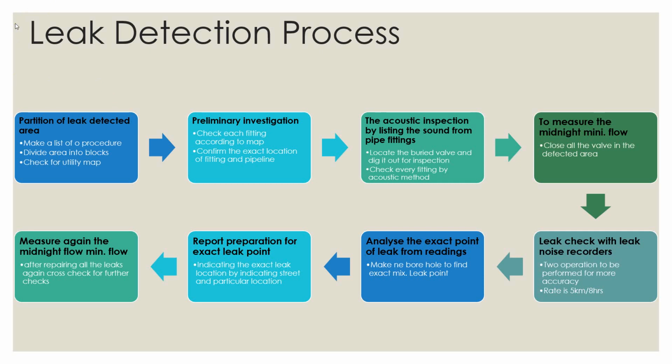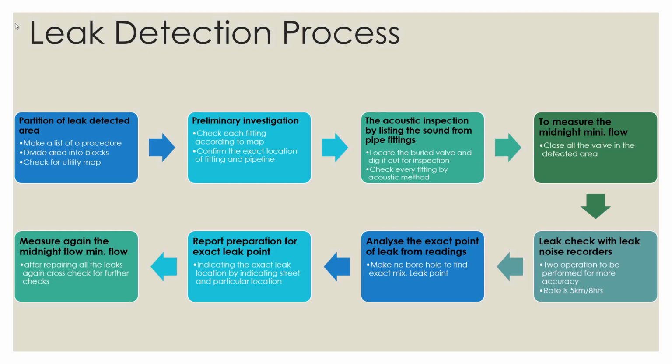It means there is a problem in the pipeline in that particular area. So you need to divide that area as a leak detected area. Partitions or zones of that area should be made. It will make it easy for the investigator or maintainer to identify the areas as well as interpret the leak detected zones.